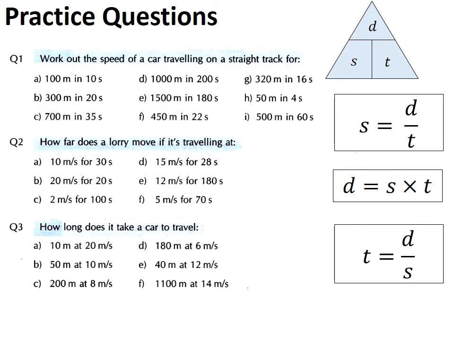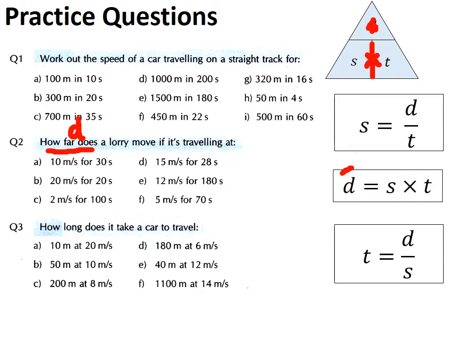The next question asks us, how far does a lorry move? How far is asking us to calculate the distance. So we go back to our triangle, and this time we cover up D, and we can see that D is equal to S times T. And this line here, this line is the multiply line.